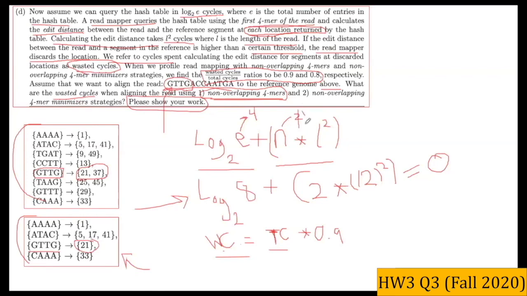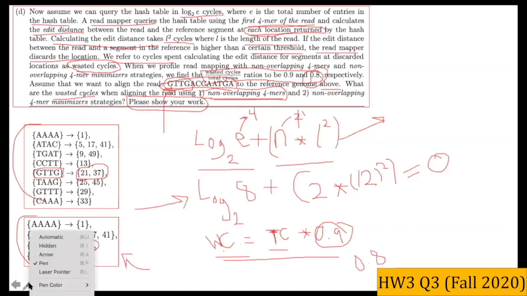And L should remain the same because we are using the same read. So we can directly apply this equation, and then calculate the WC, or the wasted cycles, but the 0.9 here would be 0.8 as given by the question. You can see it here. I hope this is very much clear.